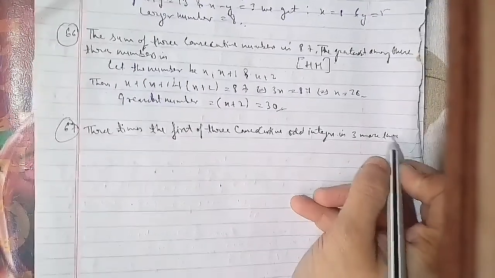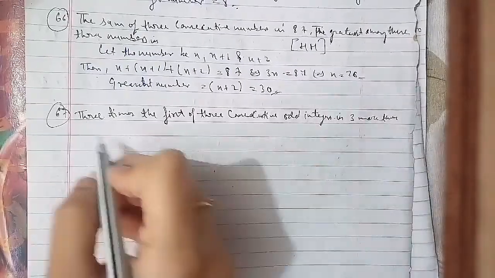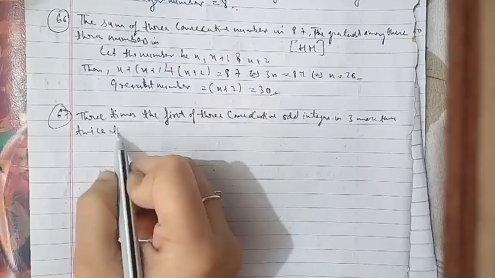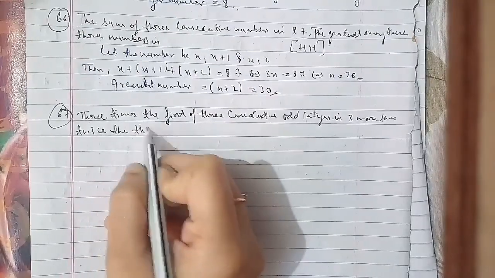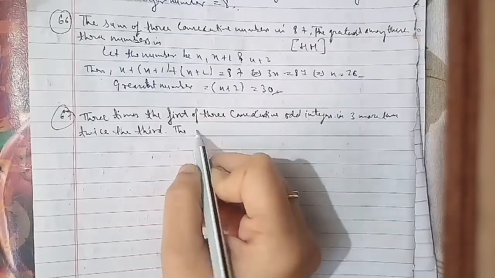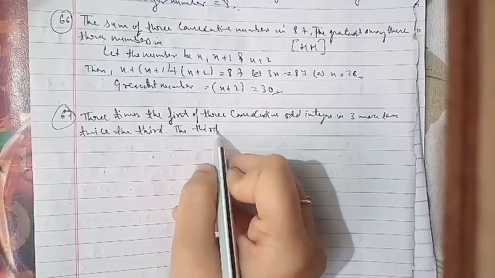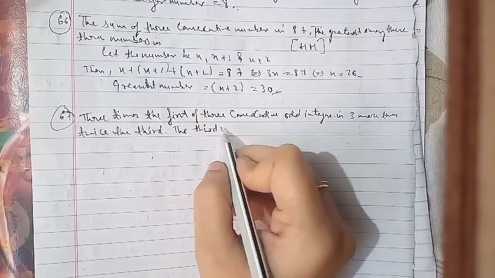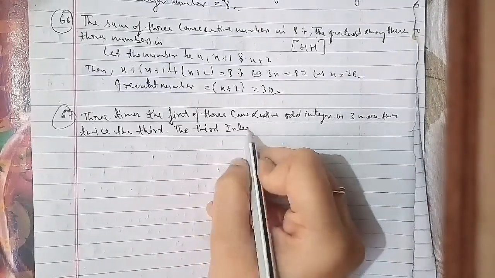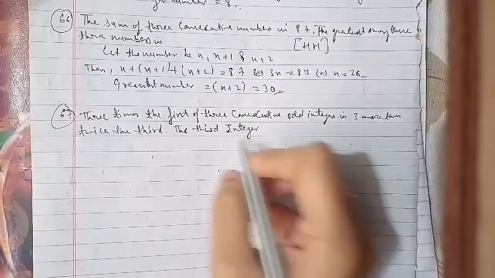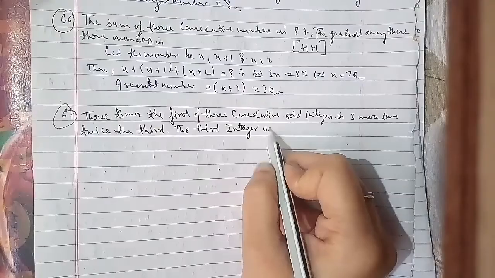The third integer is? This was asked in MBA, which is also an important one. The options we have are 9, 11, 13 and 15. So we'll go ahead for the same.